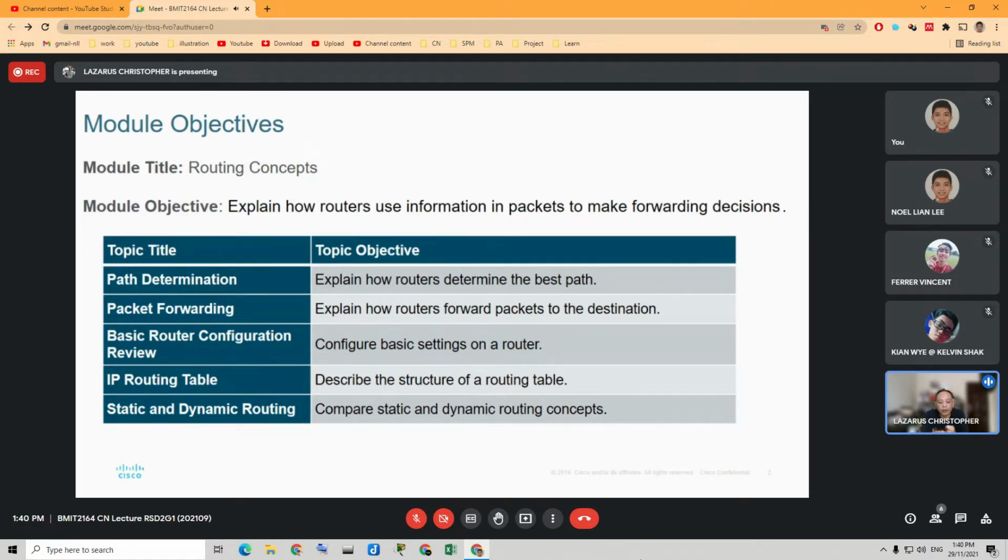And then we're going to look at our IP routing table. This routing table can be found within the router itself, right? So to understand the routing, okay, we have to know what information is available on the routing table so that we know what process the router goes through in order to forward packets between networks, right.